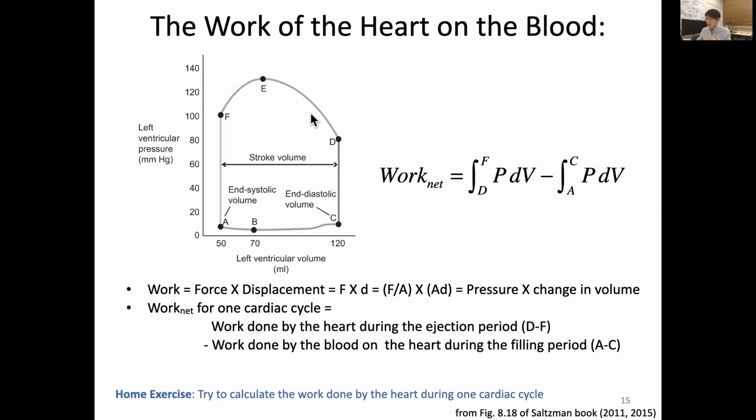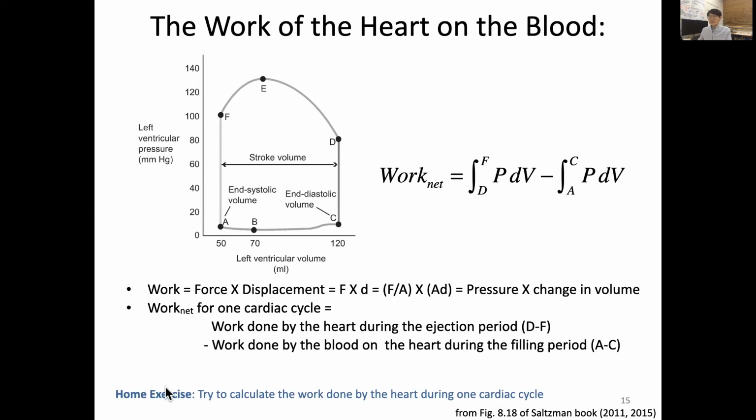So that is effectively the area inside this loop. And here, because this is going towards the left-hand side, the net work on the blood will come out to be minus.